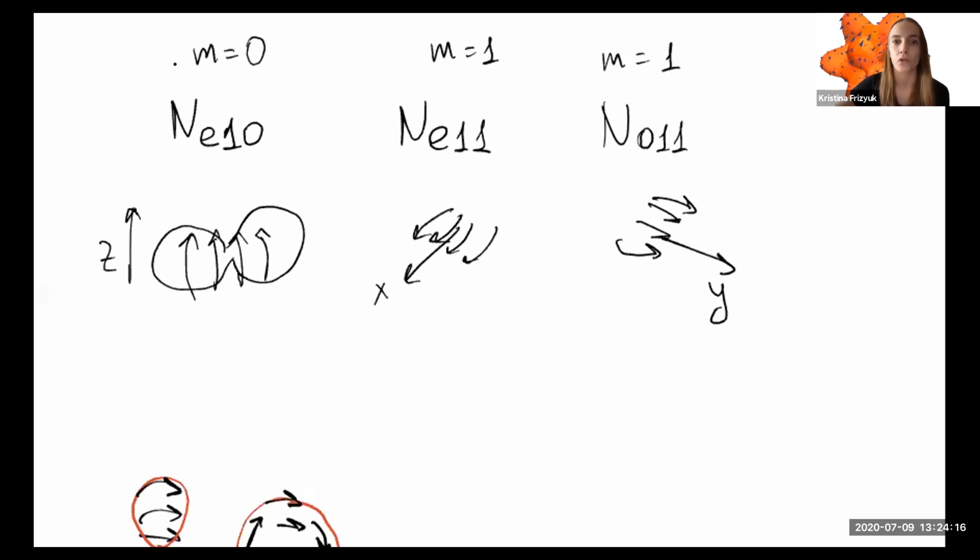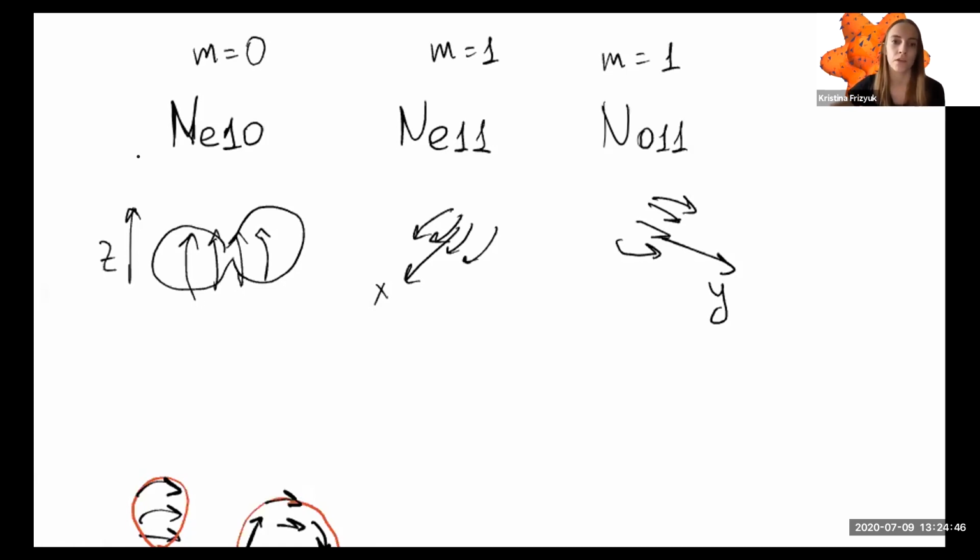So what should we do to excite this electric dipole by a plane wave? Yes, exactly. We just need to change the direction and polarization of the plane wave.